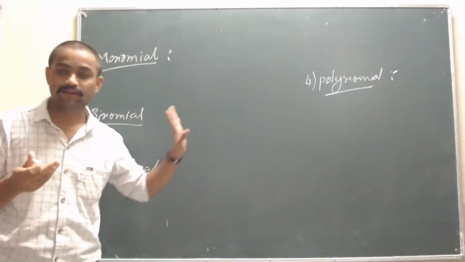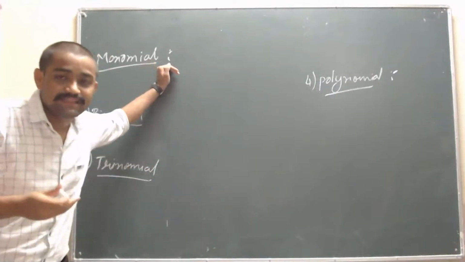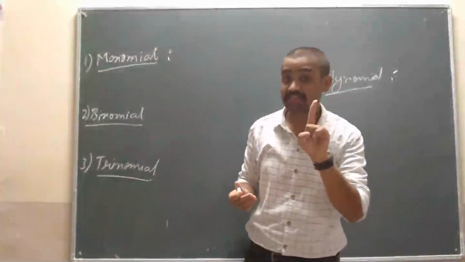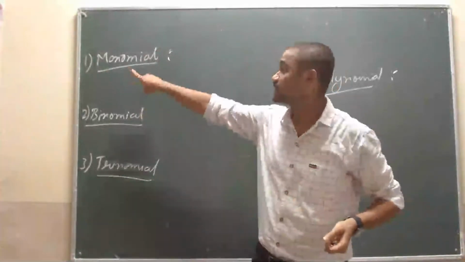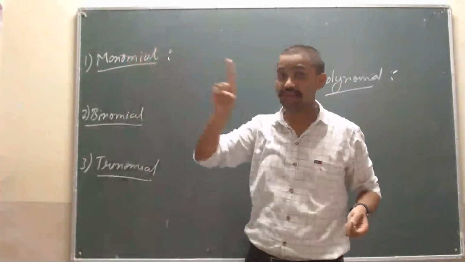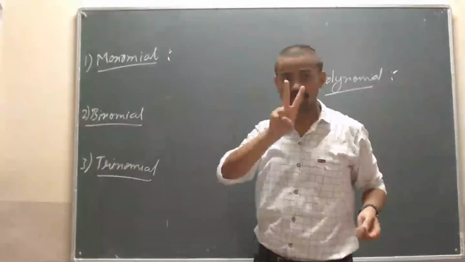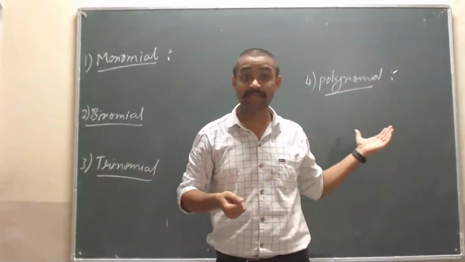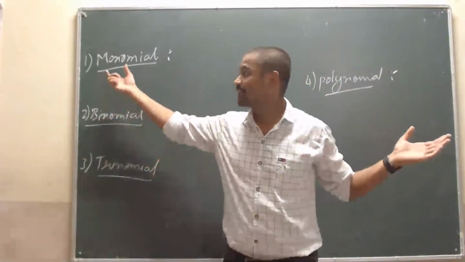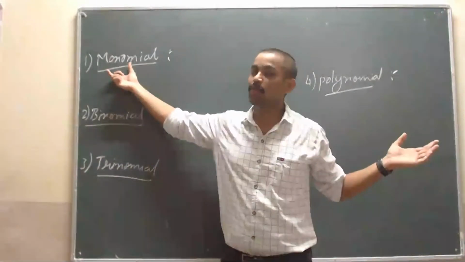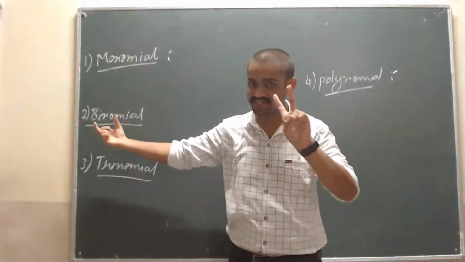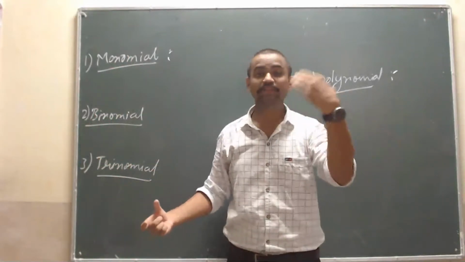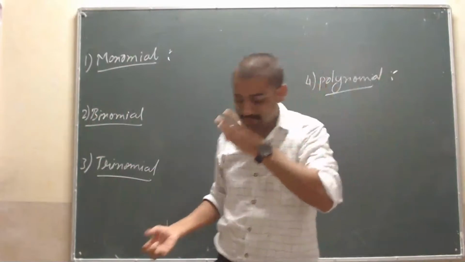Mono means single. Bi means two. Tri means three. Poly means many, more than three. The name itself indicates it. Okay, students. Now tell me.